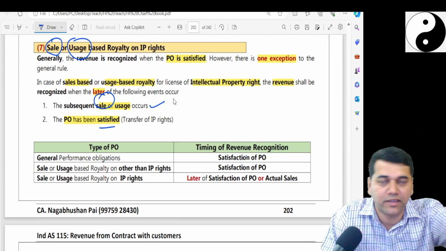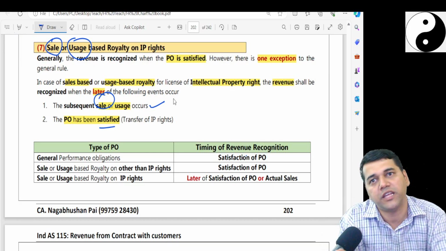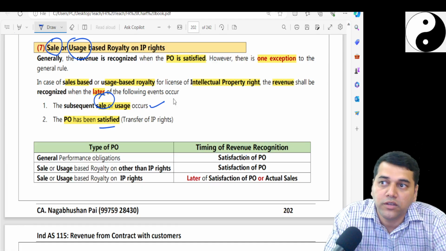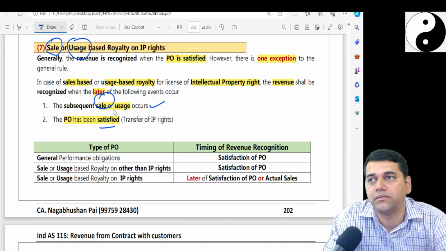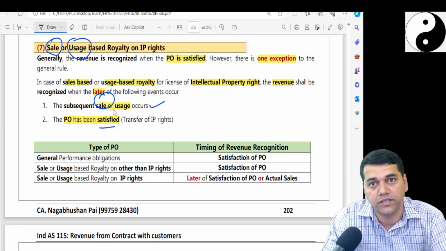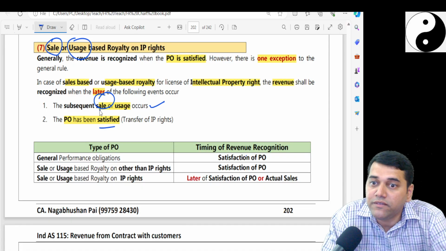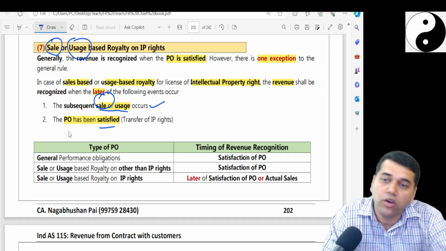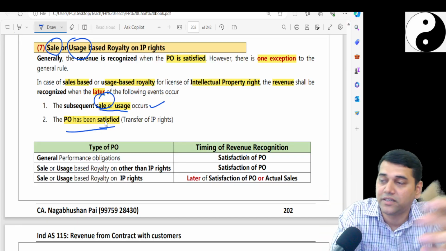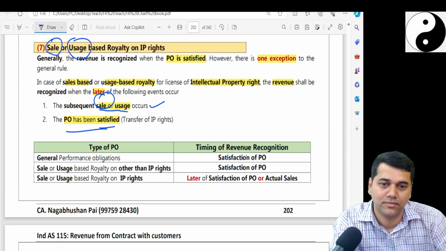On the basis of sales, or I might have paid some fixed plus variable, or it can be fully variable, or it can be fixed. If it is fixed, then this rule is not applicable. But if the variable element comes, with or without fixed, then you have to recognize revenue either when the sale happens or when you transfer the reel box, whichever is later. That's the condition here.